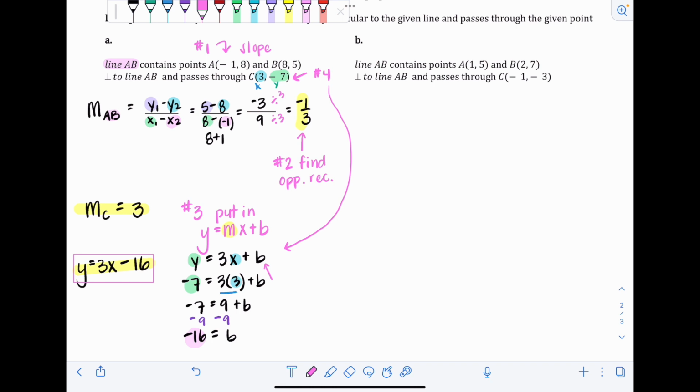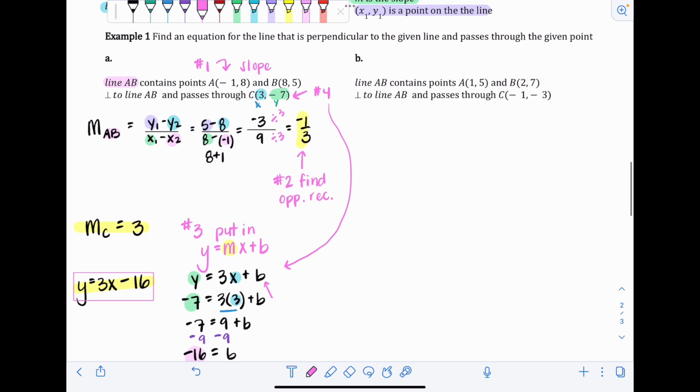Okay, so for B, it's the same type of problem, it's just we're going to use a different formula for this one. This time we're supposed to find a line that is perpendicular to the line that contains these points and passes through -1, -3. So line AB contains points 1, 5, and 2, 7.